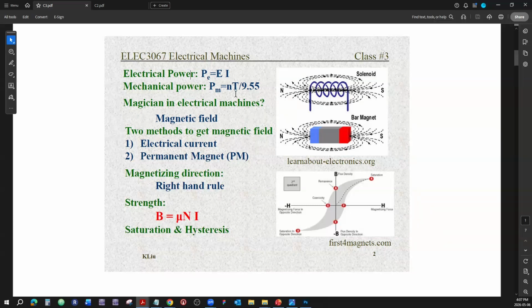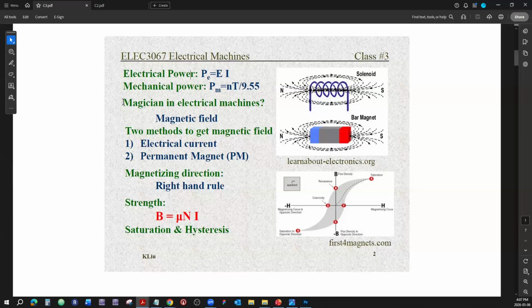T stands for torque, and these are Newton meters, divided by 9.55. As long as we know the rotational speed and the torque, divide that by 9.55, and we get the mechanical power, and that's going to be in watts. And also here the electrical power, voltage times current, also gets in watts.